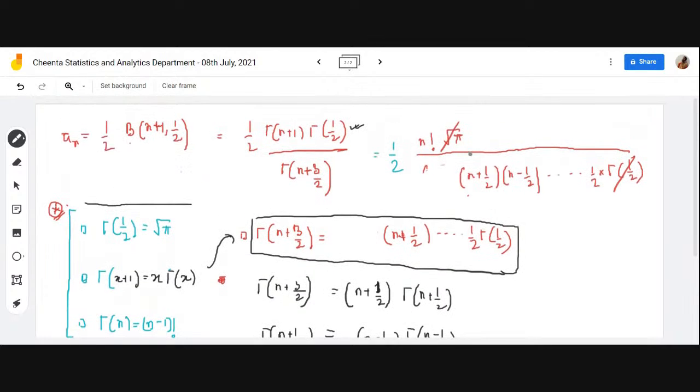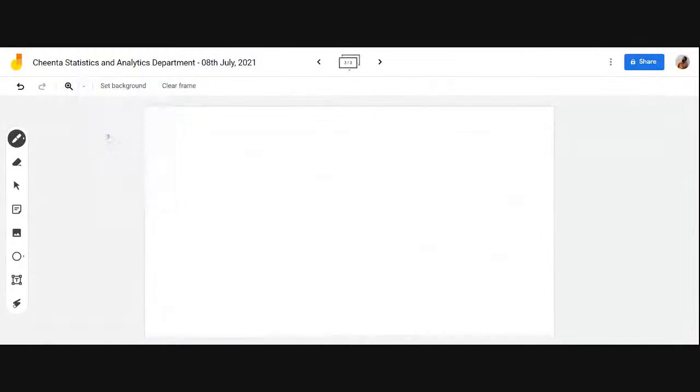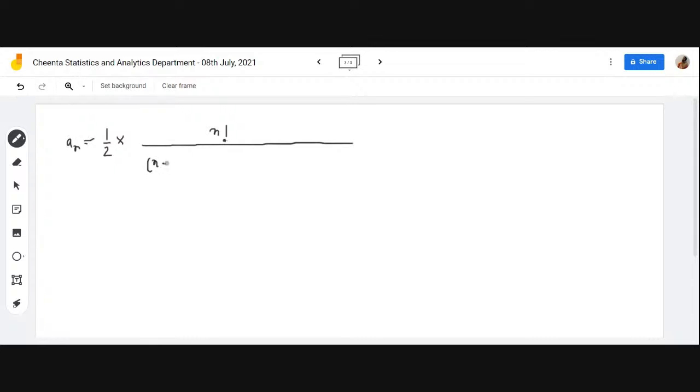So we have got this equation. Okay, and gamma half cancels. So we have got that. Let me go to the next page. We have got that an is equal to half times n factorial by n plus half into n minus half into dot dot dot half, 3 by 2, dot dot half.